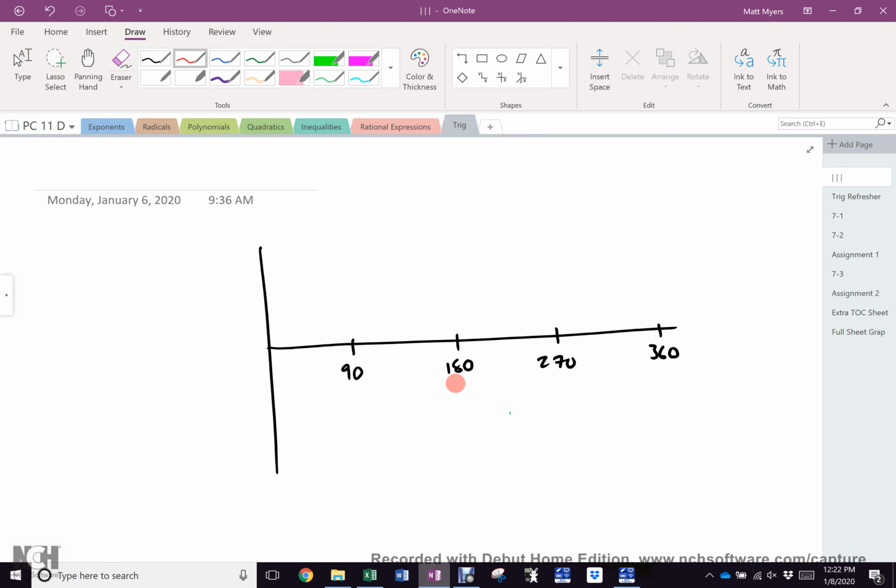In radians, 180 is pi. 360 is 2 pi. So this is pi over 2, and this is 3 pi over 2. Okay? That's not really that important. But if we graph sine values, the sine of 0 is 0, yes?